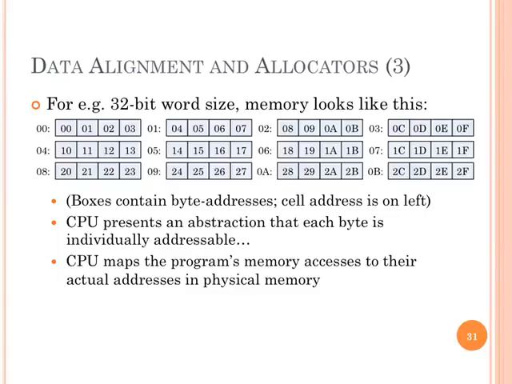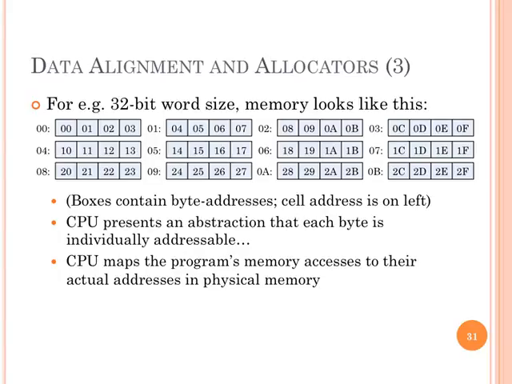So this is what the picture really looks like. We have 2 things going on at the same time. And as a programmer at this level, it's good to be aware that this is what's going on. So we have these addresses inside the boxes, which are the byte addresses. And then we have the addresses to the left of the boxes, which are the memory cell addresses. And each cell holds 4 bytes.